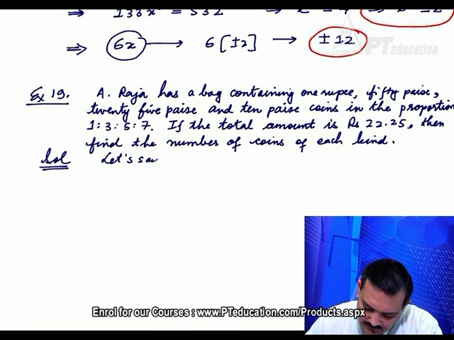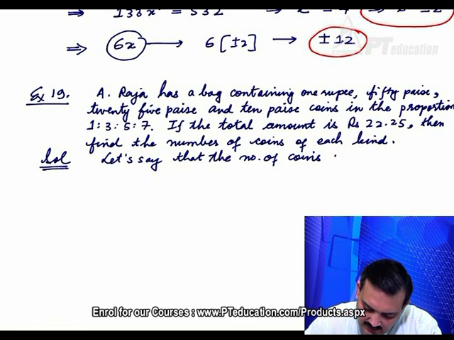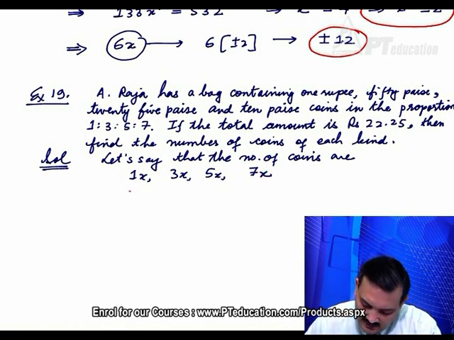Let's say that the number of coins are 1x, 3x, 5x, 7x.